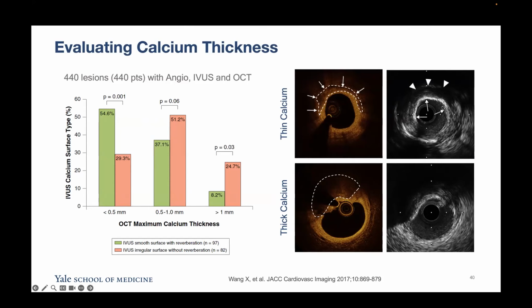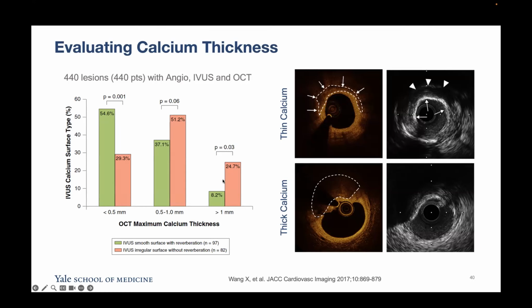And I'll show better examples of mine on the next slide. So reverberation is usually found in calcium for two main reasons. One, when the calcium is very superficial, you have a polished surface, and the ultrasound beam is perpendicular to the calcium plate. So reverberation was always a sign of calcification.